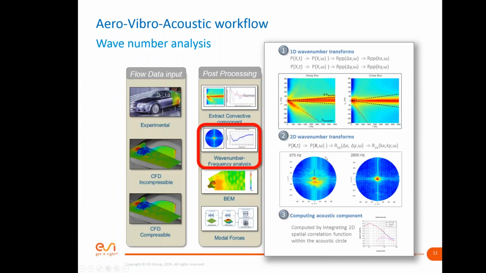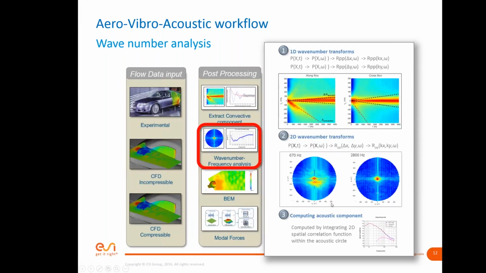It's more visible when you use a 2D wave number transform. So here cross flow, and here on the ordinate along flow. You can see in the center the wave number values corresponding to the acoustic component, and here detached the convective component.